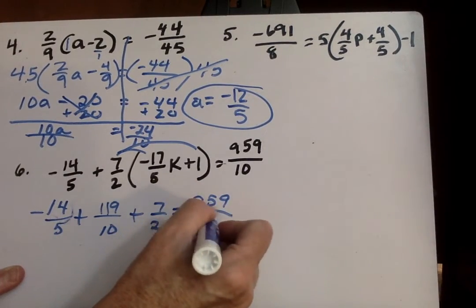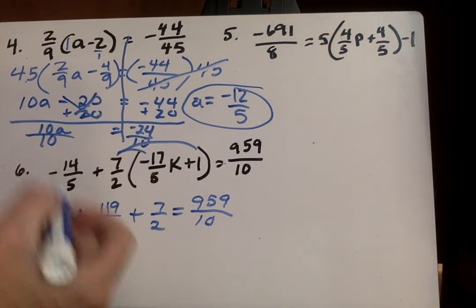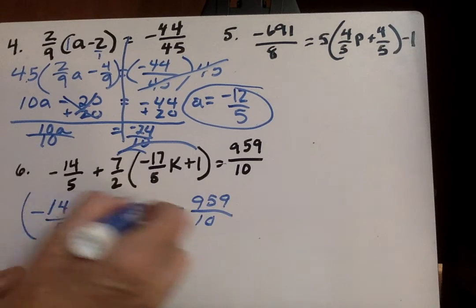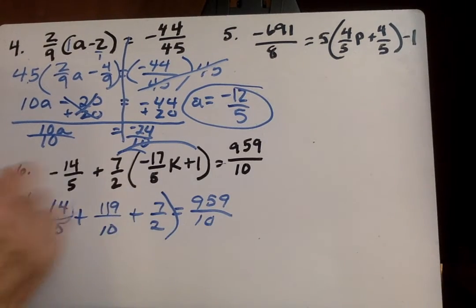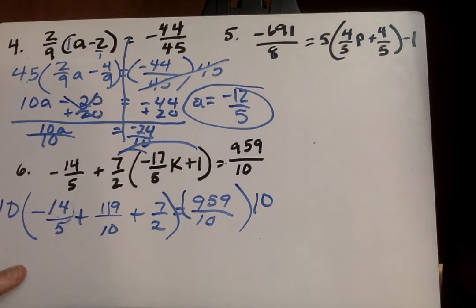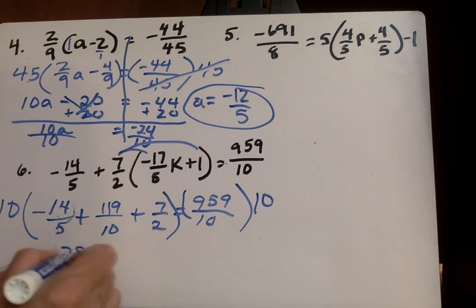Now I look at the denominators, 5, 10, 2, and 10, and guess what? 10 is a multiple of each of these. So if I multiply each side by 10, that will get rid of all the denominators and all the fractions. So 5 goes into 10 2 times, 2 times 14, negative 28.